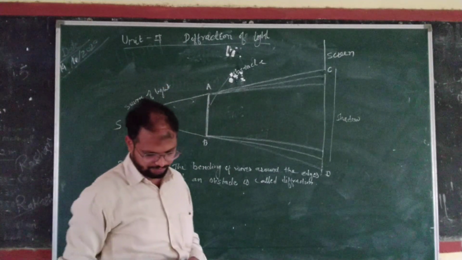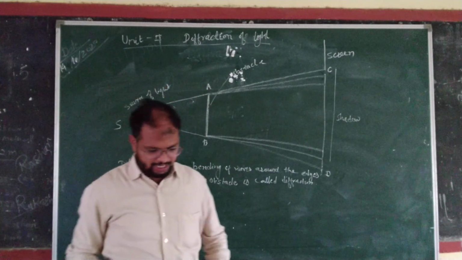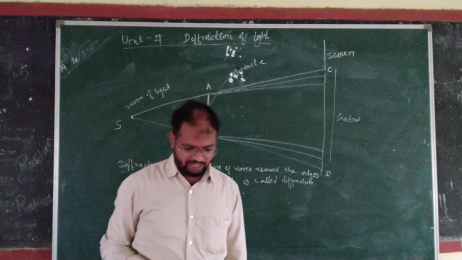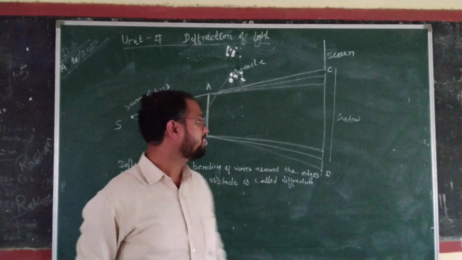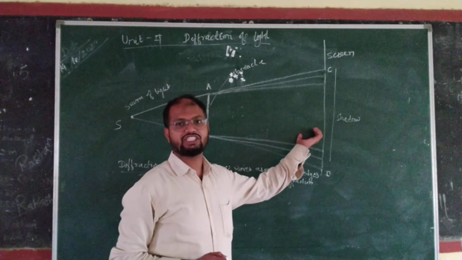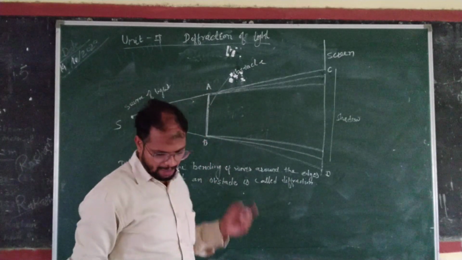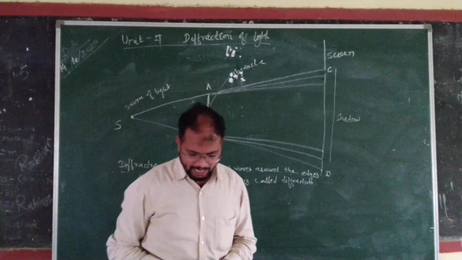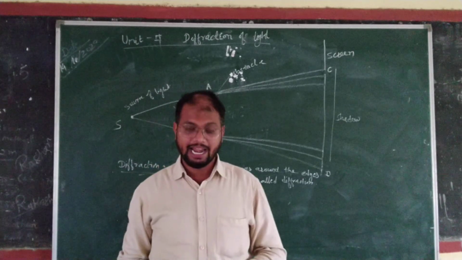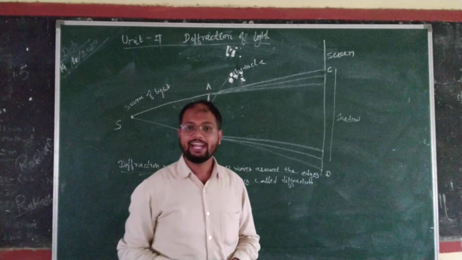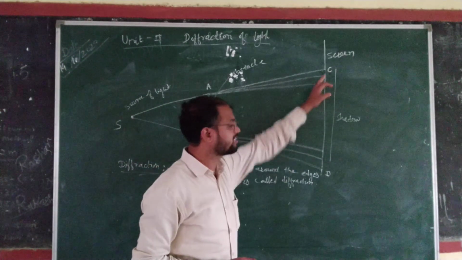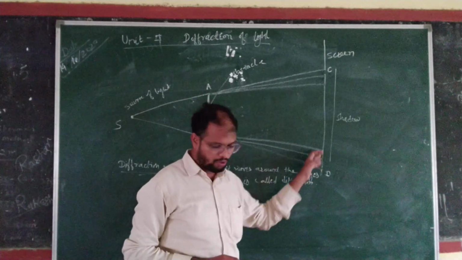The screen is termed the geometrical shadow of the obstacle AB. Due to the bending at the edges, some light can reach the points just below C and just above D.